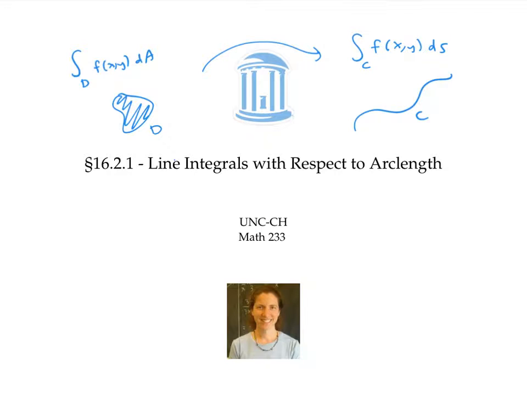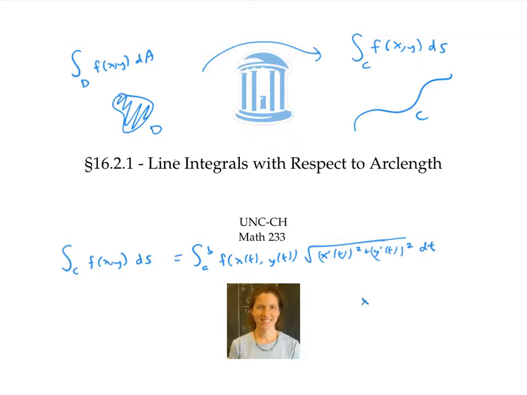In this video, we defined the line integral of a function of two variables with respect to arc length as follows. Here, x of t and y of t are the components of the parameterization of the curve. So basically, all you have to do to compute one of these line integrals is to find a parameterization of the curve.